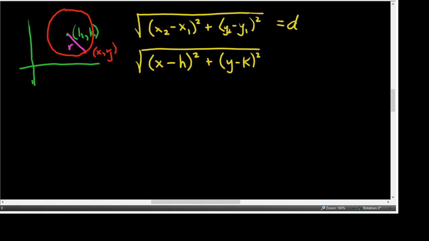And the distance we'll call r. And to arrive at the standard form for the equation of a circle, we'll square both sides of this equation, obtaining this equation: the quantity x minus h squared plus the quantity y minus k squared equals r squared. That's the standard form for the equation of a circle.